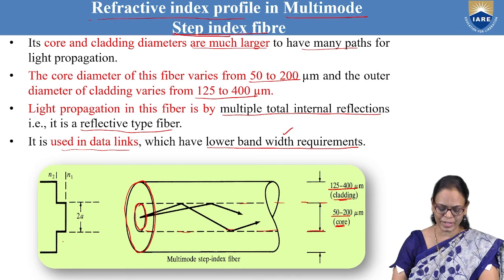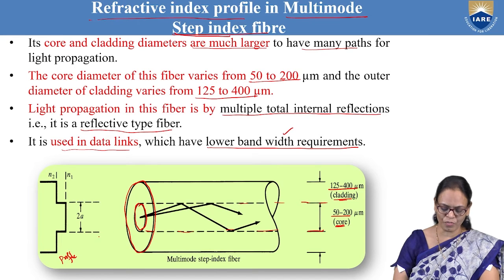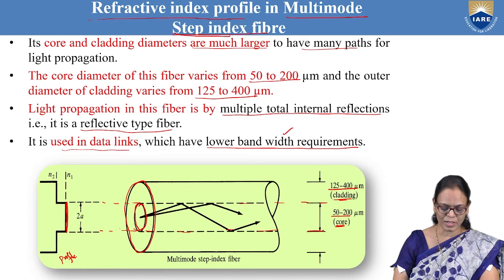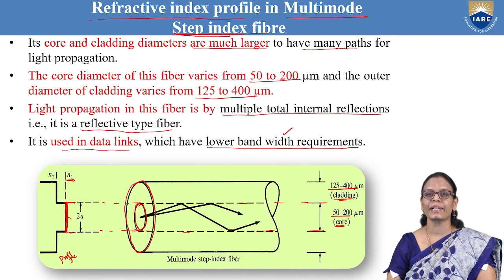Now here we are going to see the refractive index profile. For the core, the refractive index is uniform, the same throughout. So all this is the core. What is the refractive index of the core? N1. Whatever the refractive index is here, at the end also it is the same.